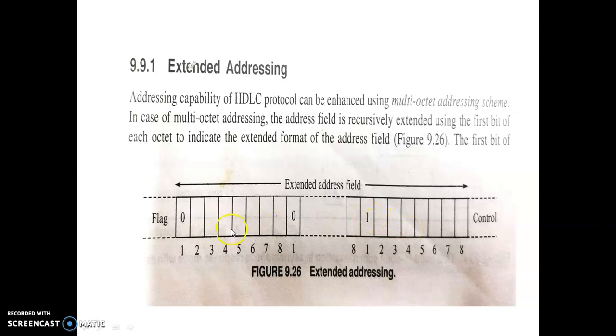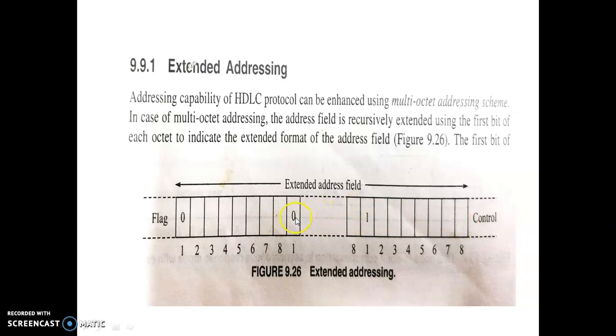Now this is very simple. It is like to increase your addressing. Now what happens is that we have one octet. Okay, this is the address field. If the first bit is 0, it will tell the receiver that the next octet is also to be considered as address field.